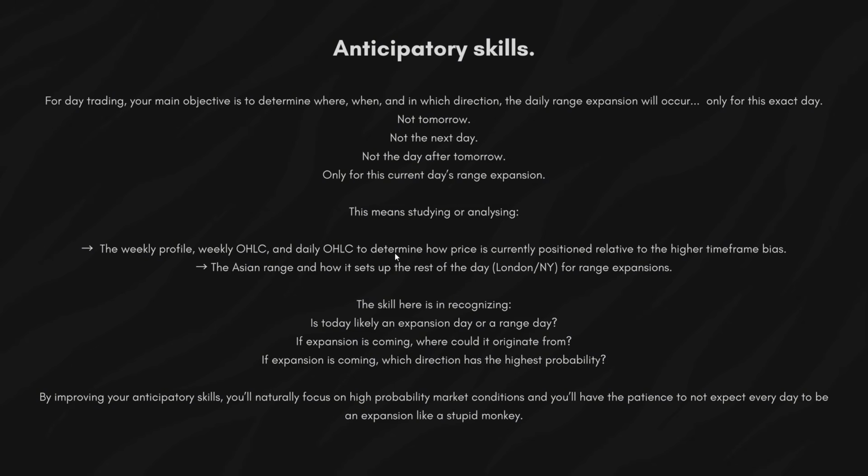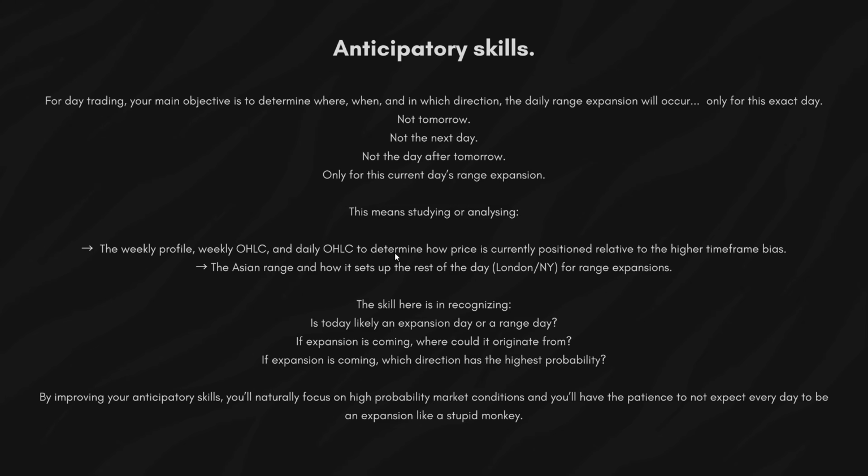Even though the higher time frame is telling you that the week is going to expand lower, that doesn't mean that every single day of the week will push lower, because some days will be consolidation, some days will have counter short-term price action in the opposing direction, and maybe only 2 or 3 days will have the true expansion towards the downside, instead of every single day of the week being an expansion lower.